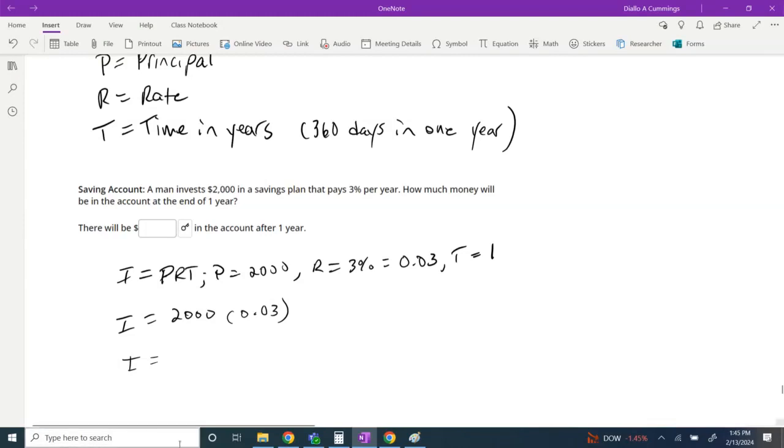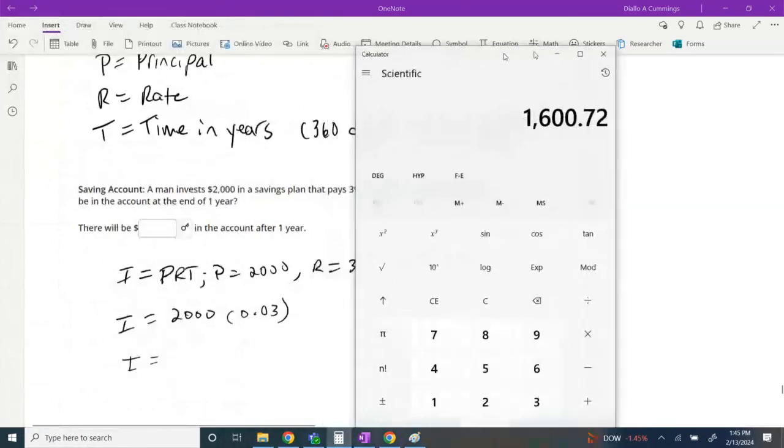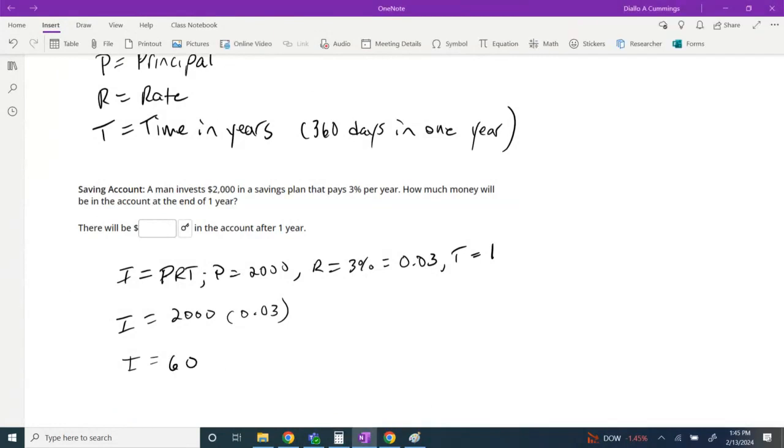So I'm just going to calculate this up. 2,000 times 0.03, and we get $60. So that's the interest that it earned. But it's not asking for the interest. It's asking for the amount that's in the account.